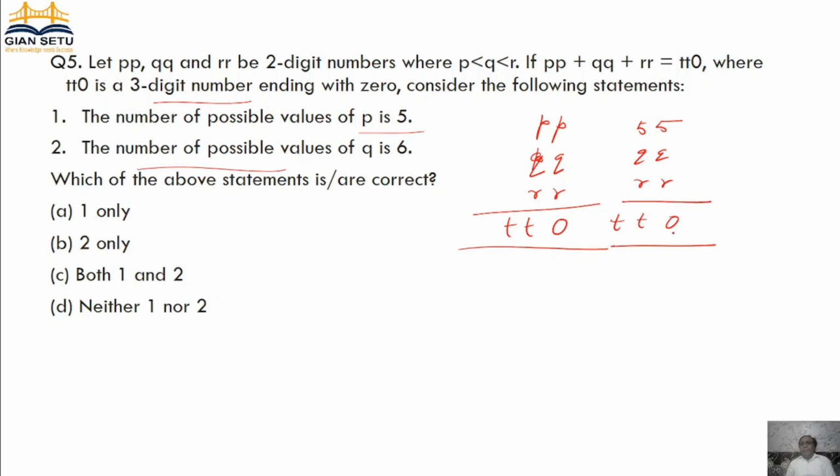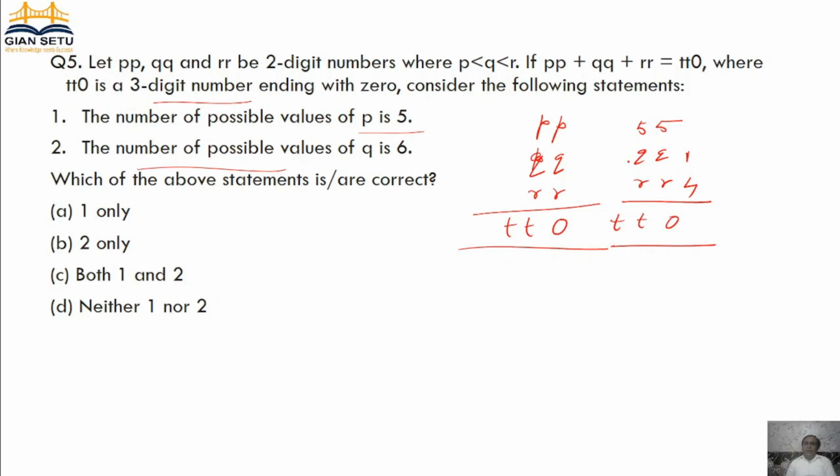Now when this is 5, then Q, R can be 1 and 4, right, to have 0 at the units place, right. 5 plus 1 is 6, plus 4 is 10.